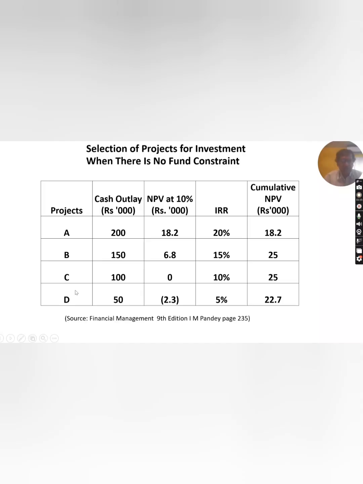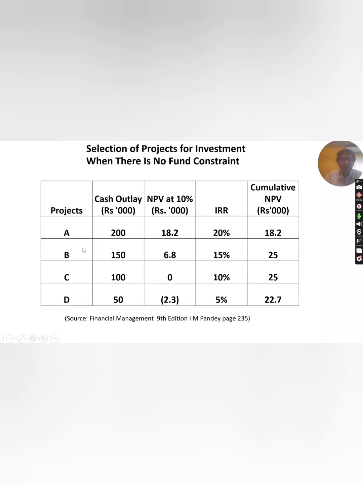And for the project D, the investment is this, and the NPV is negative 2.3, and this is IRR, and the cumulative NPV will be this, because this amount will be reduced from this 25. That's why 22.7. Then what will be your decision for selection of the project?